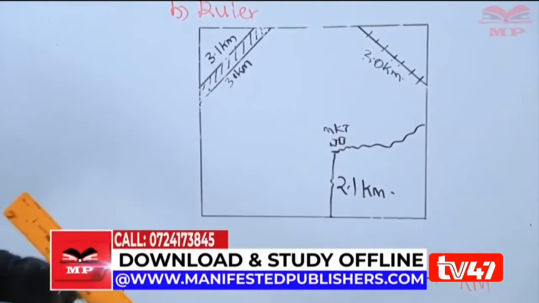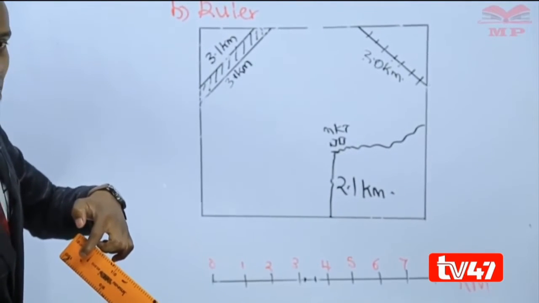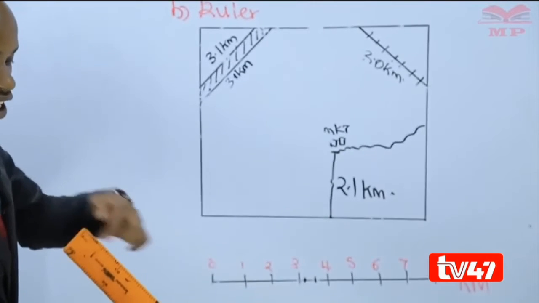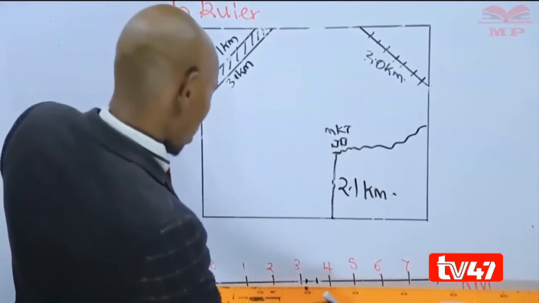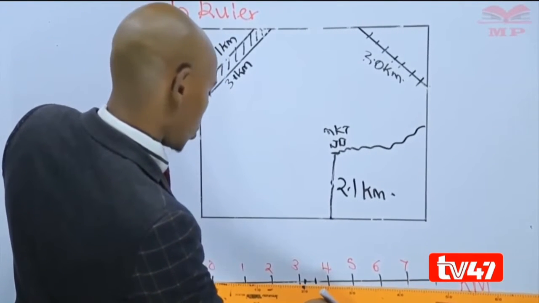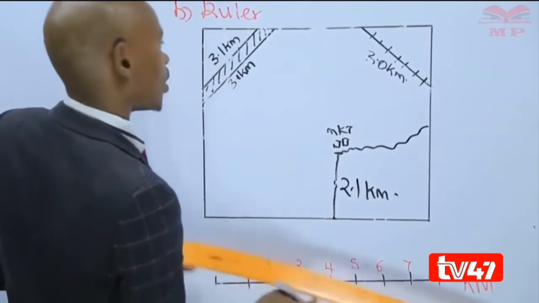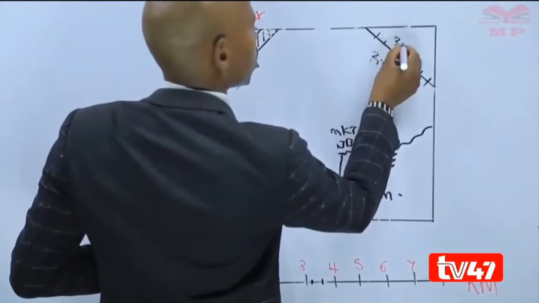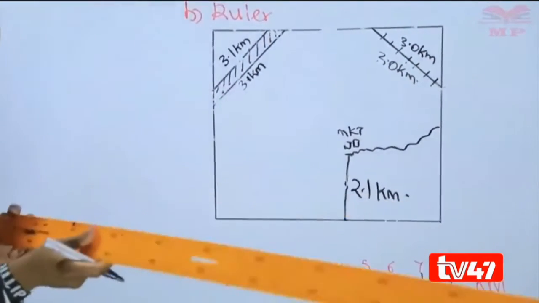Why are you marking? Because the ruler marking is not important. What is important is that you mark on your ruler, because the scale is the one that is supposed to give us the actual reading, and that is 3.0 kilometers using a ruler.